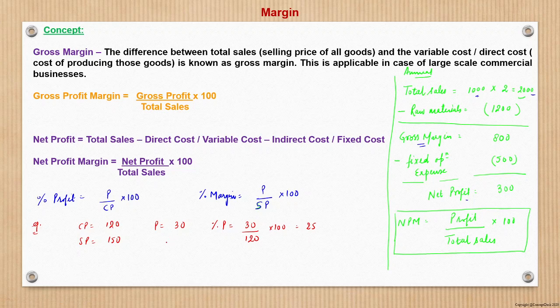Now percentage margin will be what? Again profit upon SP into 100. So profit is 30 and now it will be over SP, that is 150, into 100. So here it is 20%.